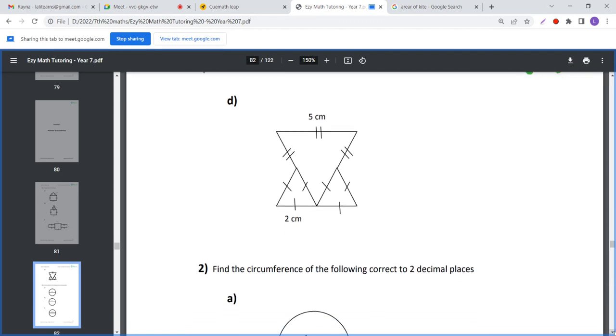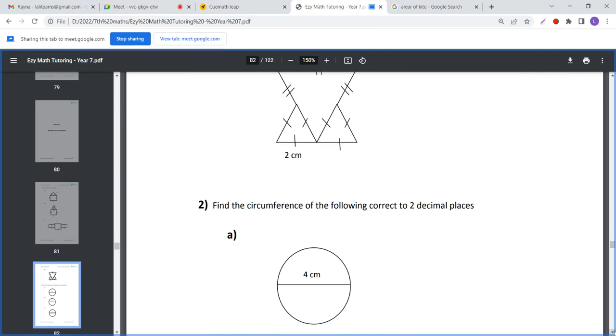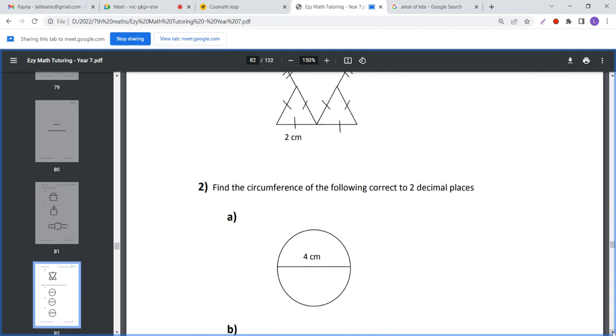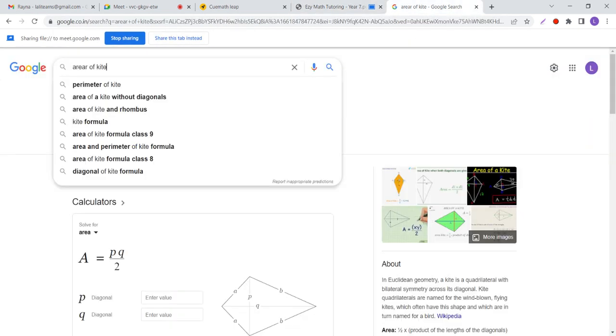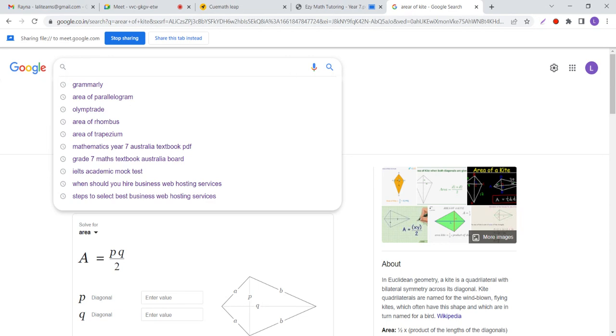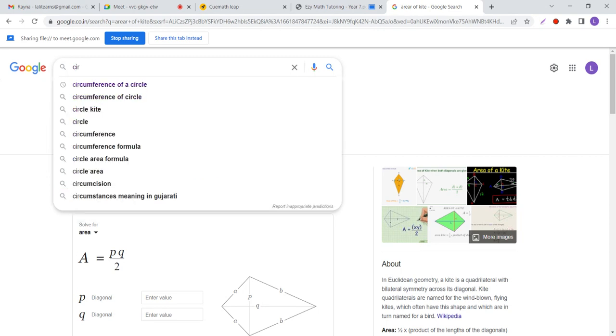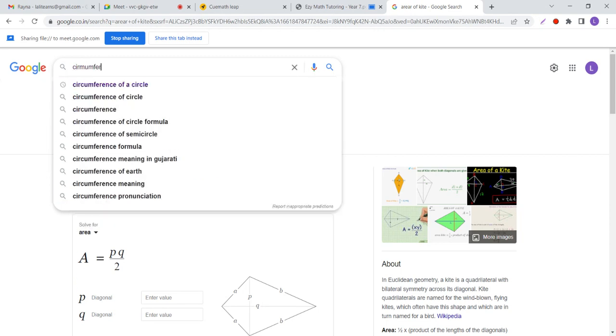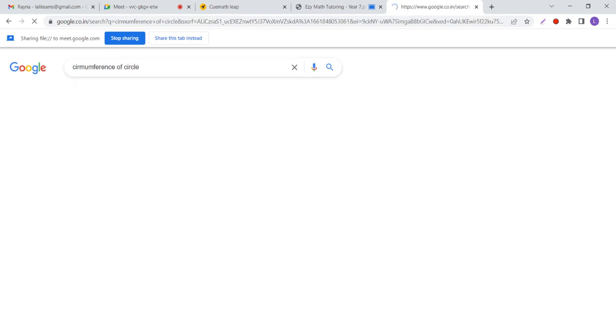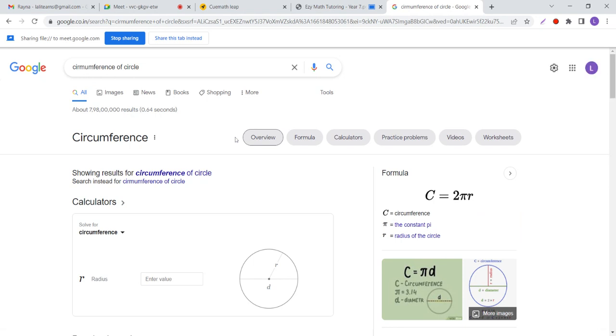Okay, circumference. You remember the formula. Correct to two decimal places. One was pi r square and one was something else, I think I told you. 2 pi r. So it will be 2 pi r.